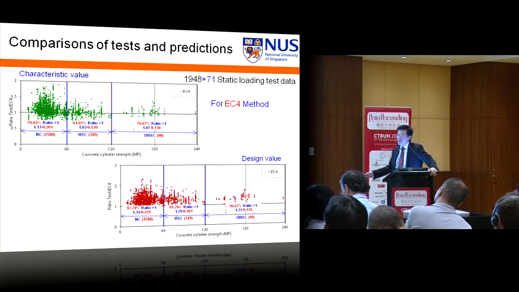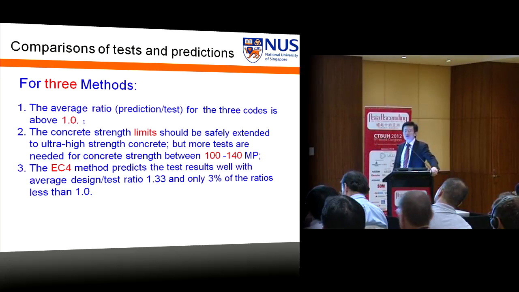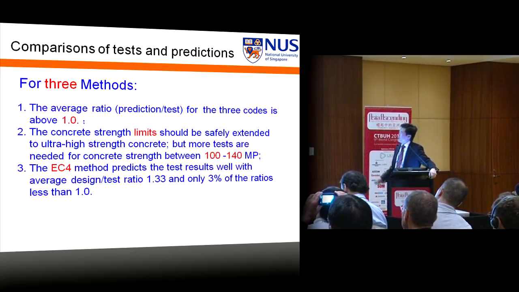Of course, with the recommendation, for double steel tube, you need to move this data up by using a safety factor of 0.85. So for these 3 methods, the average ratio for the 3 codes is above 1.0, and the concrete limit should be safely extended to the ultra-high strength regions, up to grade 180.